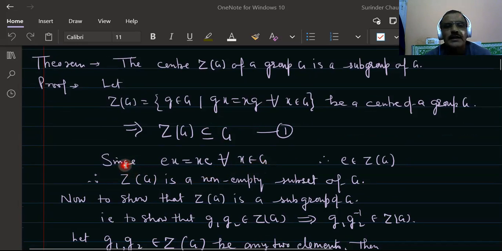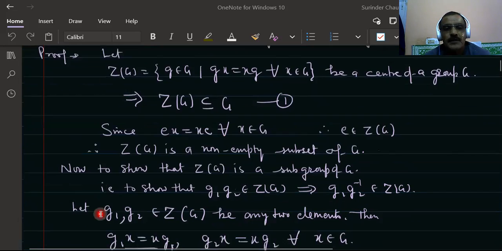First, we show that Z(G) is non-empty. Since e·x is equal to x·e for all x in G, this implies e belongs to Z(G). So the identity element will also act as a center of this group.